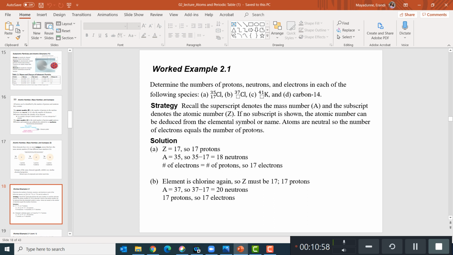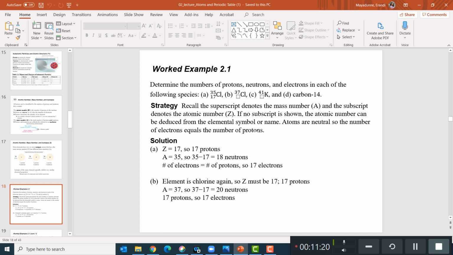How many neutrons? You use 35, subtract 17, you get 18 neutrons. And then how many electrons? Because it's neutral, if I don't say there's a charge, that is neutral, so the number of protons equals the number of electrons, so 17 protons, 17 electrons.